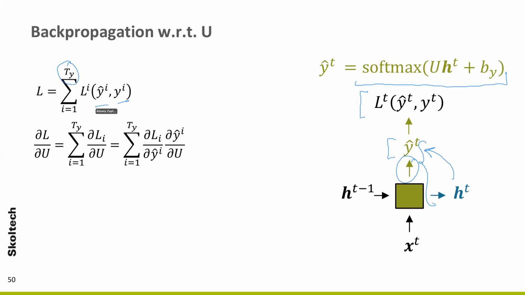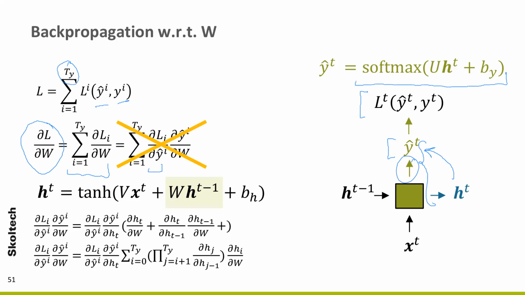And if you want to calculate the derivative with respect to the parameters of this softmax block, we calculate derivatives like this in a separate way. It's the product rule for partial derivatives, and now we have derivatives for each u. And as we have these derivatives, we can run optimization and get good values of u.